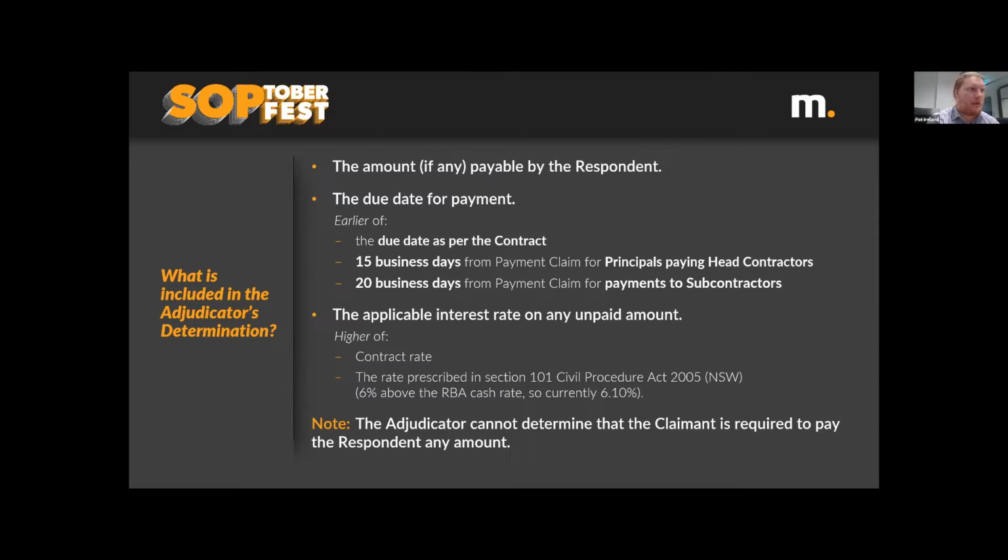So if the respondent in their payment schedule has an offsetting claim, an offsetting defense, which exceeds the amount being claimed, the best result a respondent can get is that they do not have to pay any amount. The adjudicator will never make a decision that the claimant has to pay the respondent an amount.